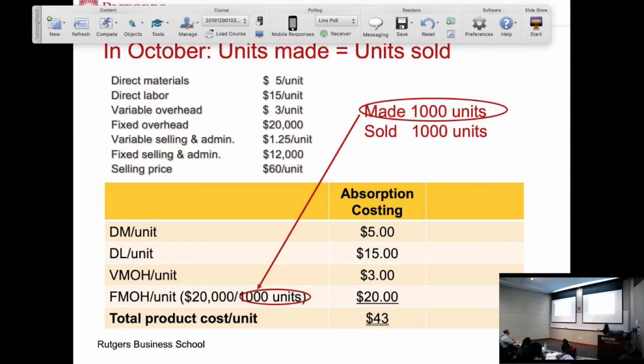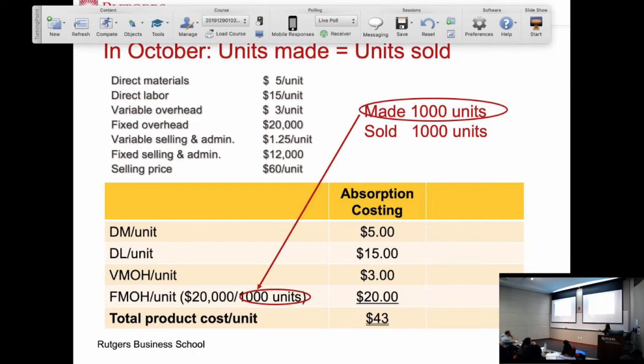So here on the fourth row, this one is calculating the unit fixed overhead. Because the total overhead is 20,000, and we produce 1,000 units of product, we need to divide the total by the units that we make.